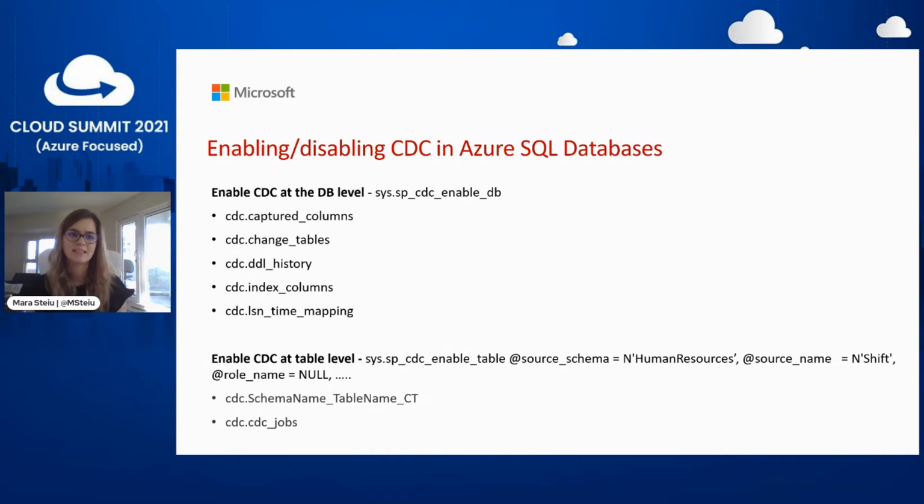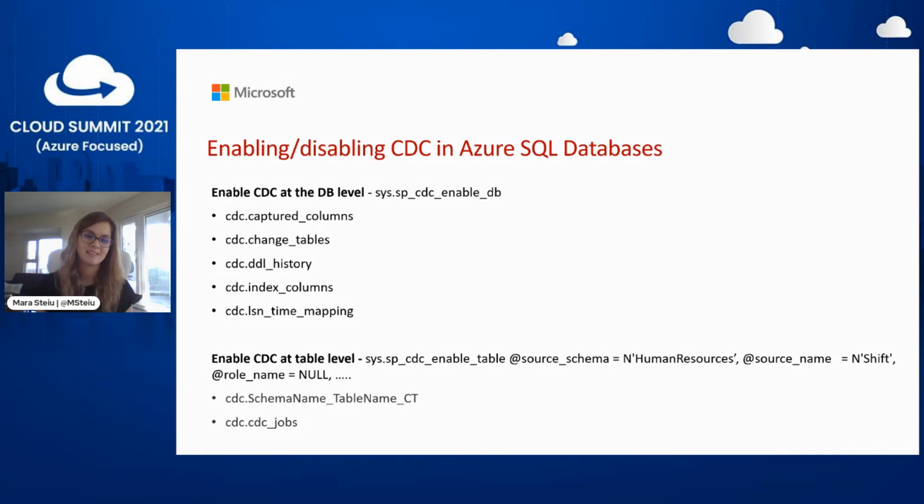So once you enable CDC at the database level, you get these 5 system tables. So the first one, list of capture columns, list of tables that are enabled for capture, and the DDL history table. Then you can see the indexes associated with this change table, and lastly, you can see the mapping of LSN number and time.